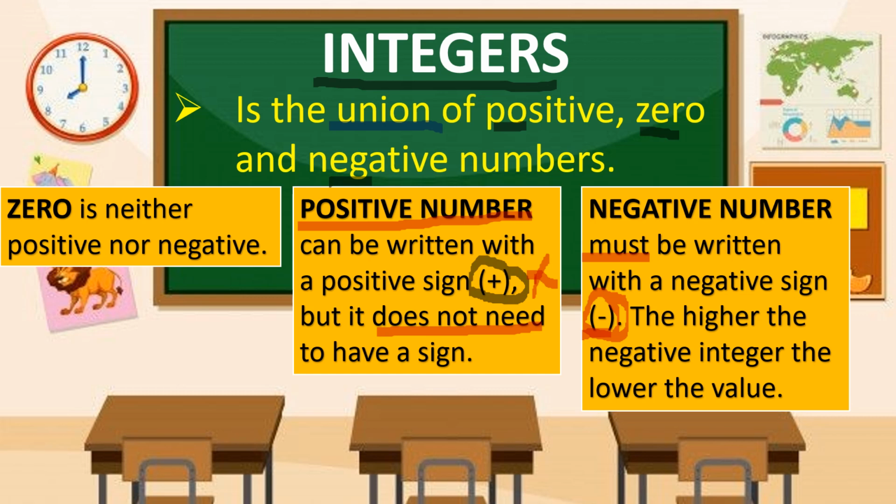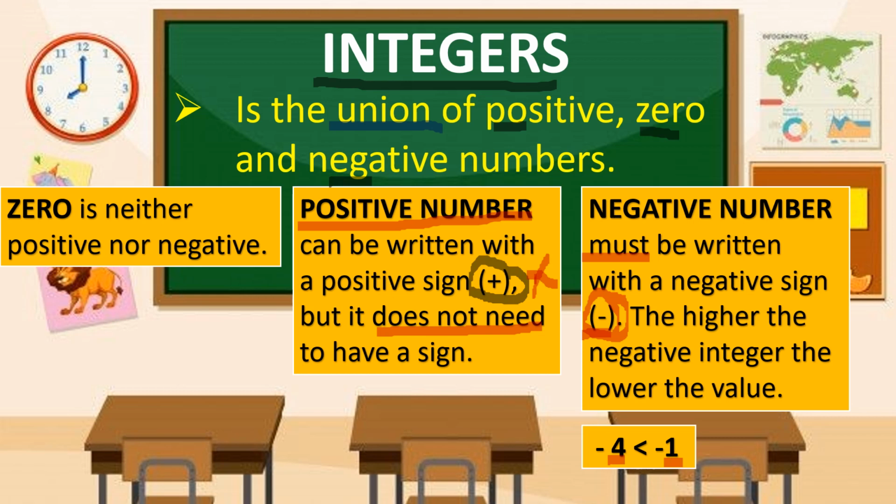Okay? The higher the negative number, the lower the value. Kahit gaano kataas yan, kung yung number na yan, at yan po ay negative, mas mababa po yung value niyan. So, let's have this first example. So, negative 4 is less than negative 1. So, kung makikita natin, mas malaki po yung negative 4, figuratively.